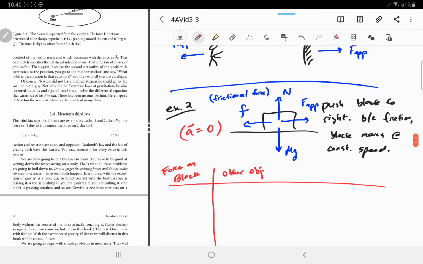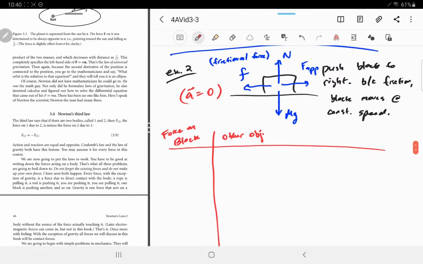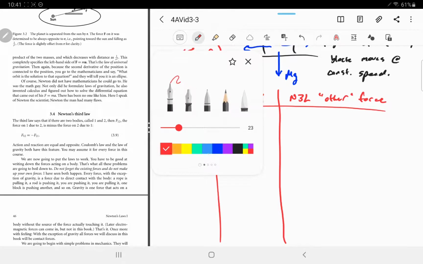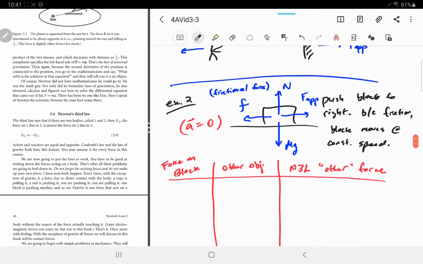The free body diagram here is the block, all the forces acting on the block. For every one of those forces, there's another object involved, so we want to specify what that other object is. Newton's third law says that for every one of those forces on the block, there's another force, so we want to be specific about what that other force is. Okay, let's fill in this table.